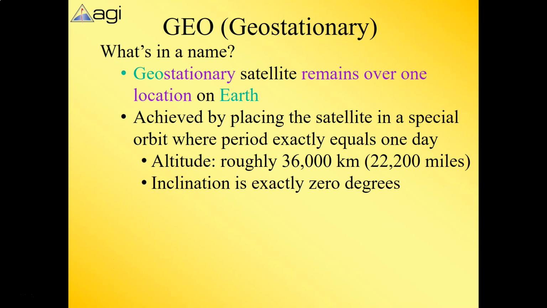Remember this, geostationary. It stays over the same location. We achieve this by getting to an altitude of around 36,000 kilometers or 22,000 miles. Our inclination is exactly 0 degrees.